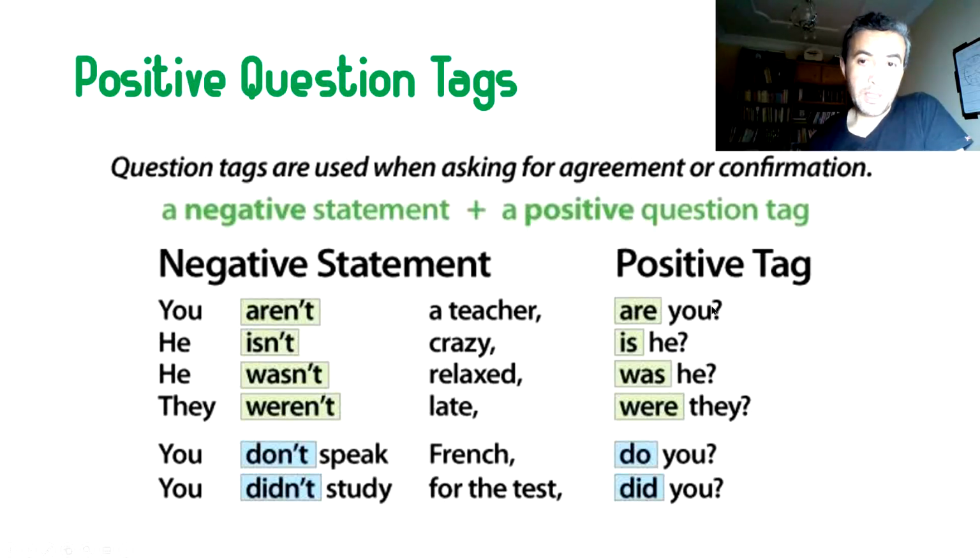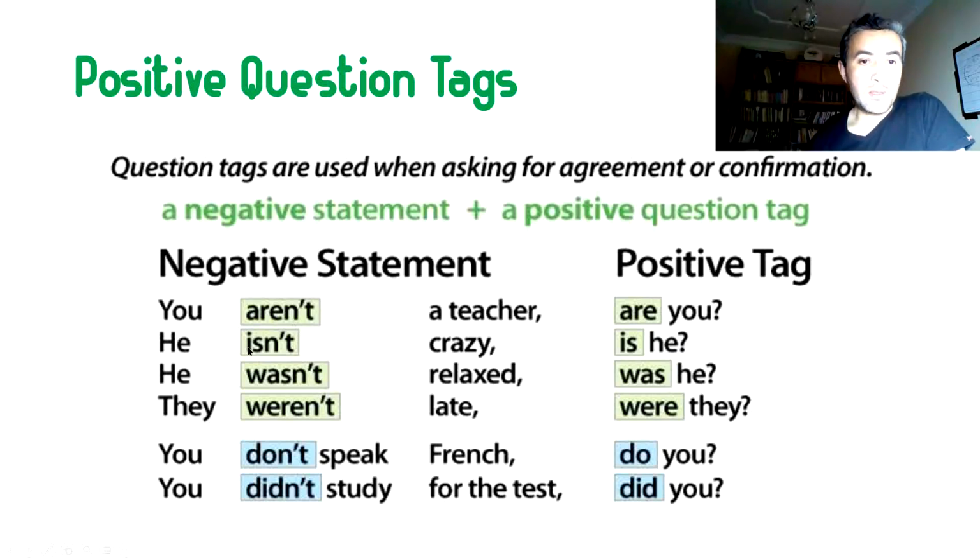We swap. Another example, "He isn't crazy, is he?" "He wasn't relaxed," the simple past, "was he?" "They weren't late, were they?" These two examples are in the past and these two are in the simple present.